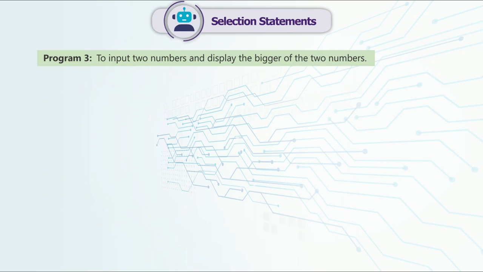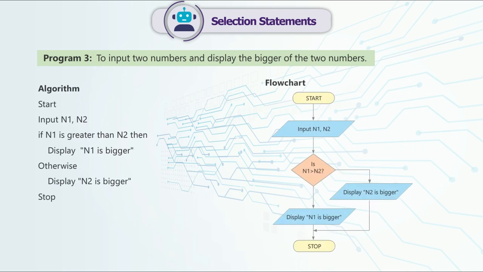Program 3. To input two numbers and display the bigger of the two numbers. Algorithm. Start. Input N1, N2. If N1 is greater than N2, then display N1 is bigger. Otherwise, display N2 is bigger. Stop. Flowchart. Start.